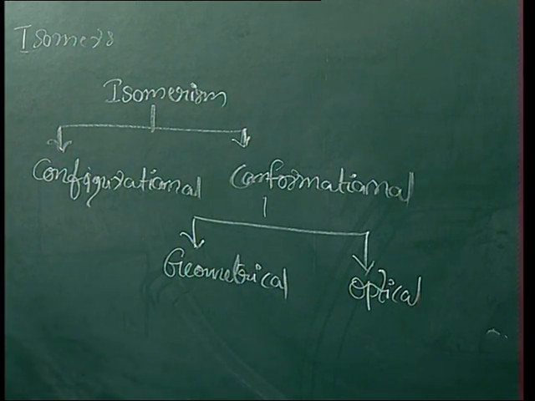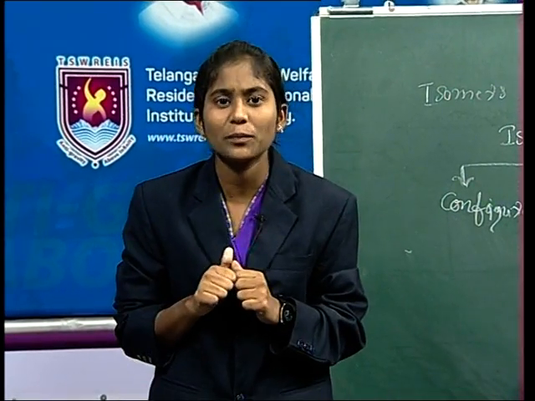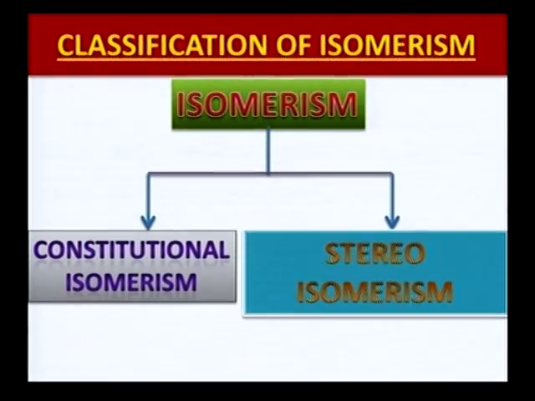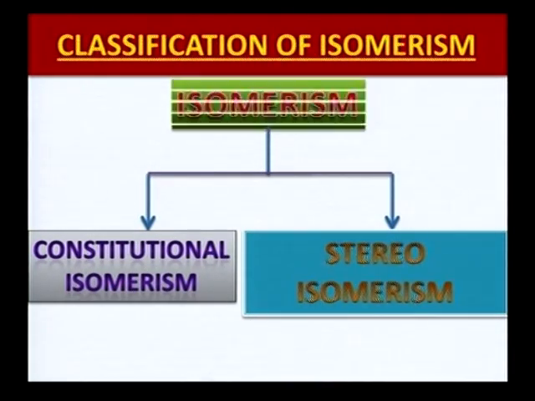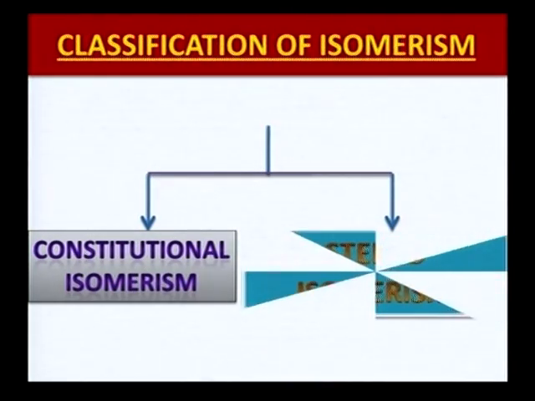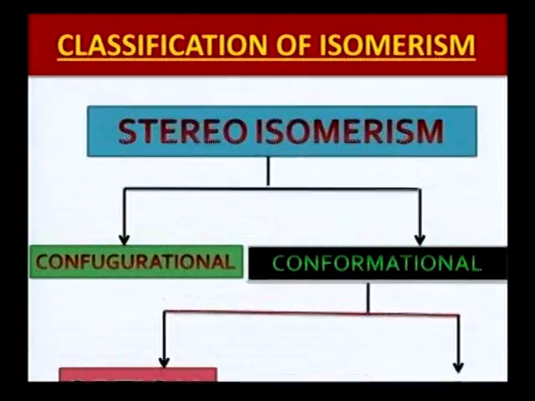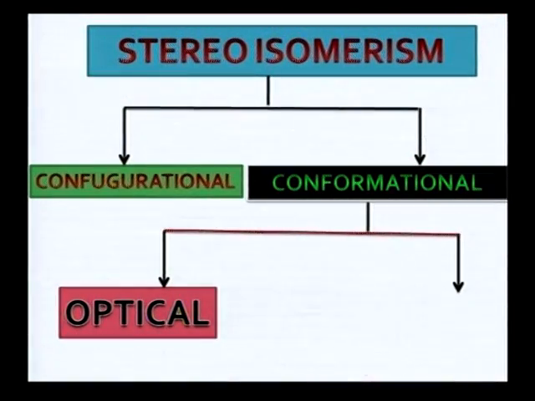So friends, the classification of isomerism divides into two types, constitutional isomerism and stereoisomerism. The latter is again classified into two types, configurational isomerism and conformational isomerism. So here the conformational have the same connectivity.